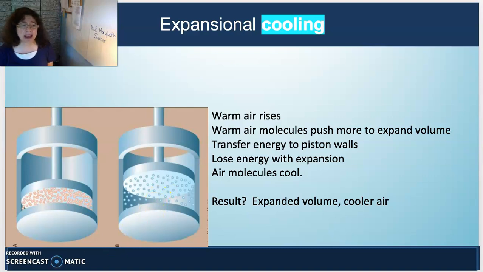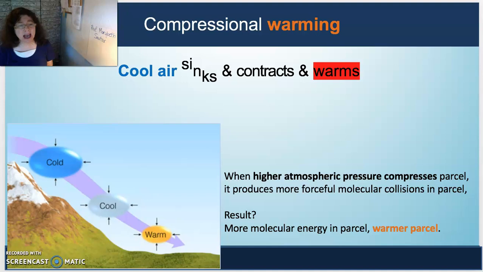Just to review again, compressional warming: cool air moves over the mountain, and now it starts to get more dense as it's cool, and it starts to sink. As it sinks, it runs into higher atmospheric pressure down at this lower altitude. That higher atmospheric pressure pushes on the parcel to produce more forceful collisions of the molecules inside the parcel.